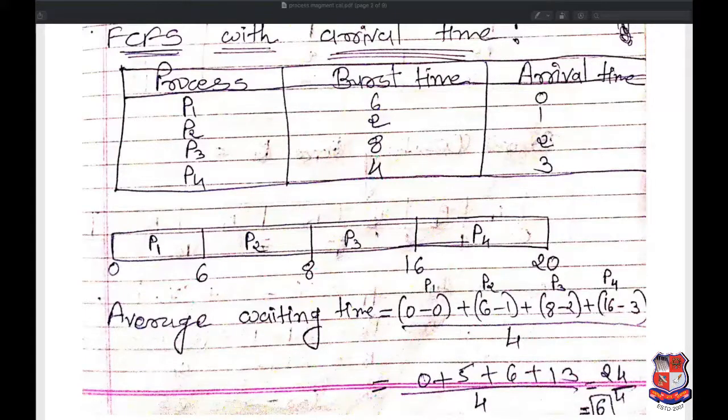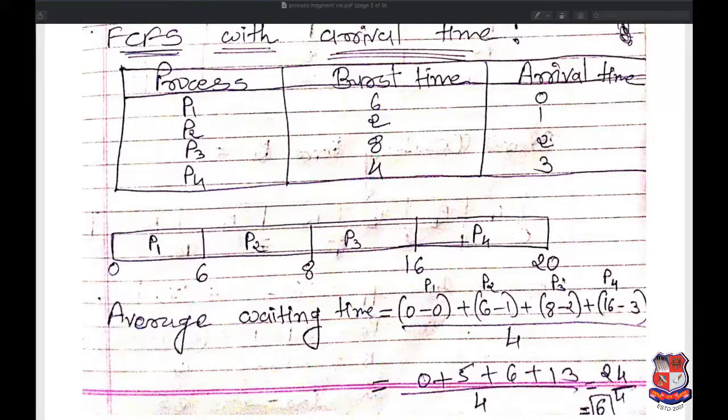Then P3, the starting value of P3 is 8, and 8 plus 8 burst time is 16. And the last one is P4, the starting value of P4 is 16, and 16 plus 4 is equal to 20.